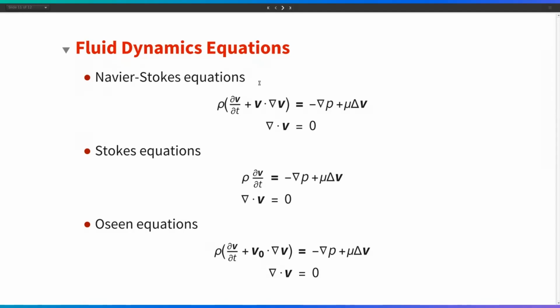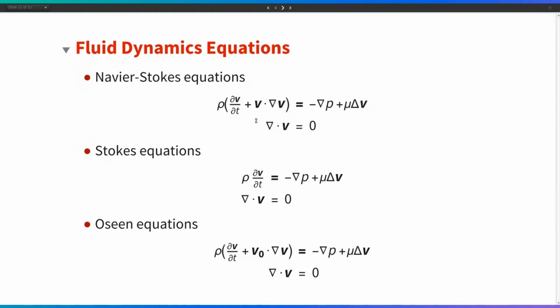In the version 15.1, we would like to add additional types of equations like the Stokes equation and Oseen equations. The Stokes equations are basically a simplification of the Navier-Stokes equations, if we assume that there are no inertial forces in the flow.